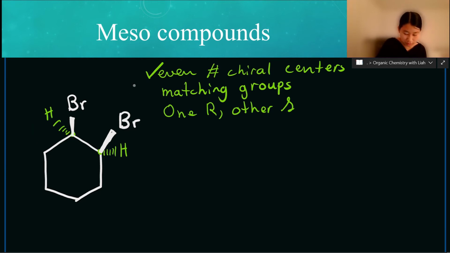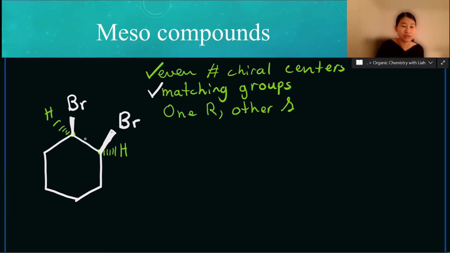Let's check this chiral center. This chiral center is bonded to a bromine, a hydrogen, then going over here we have the carbon with the bromine and hydrogen, then going down here we have the CH2 and then the C down here. So yes, these two chiral centers have matching groups. They have the same groups on each chiral center. So this criteria is satisfied. Now let us check for the configuration.